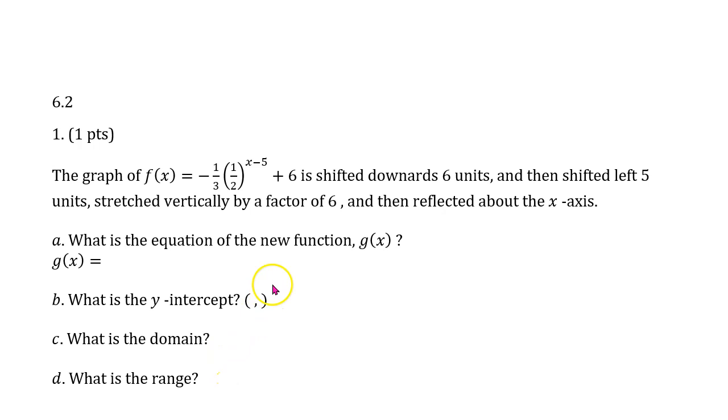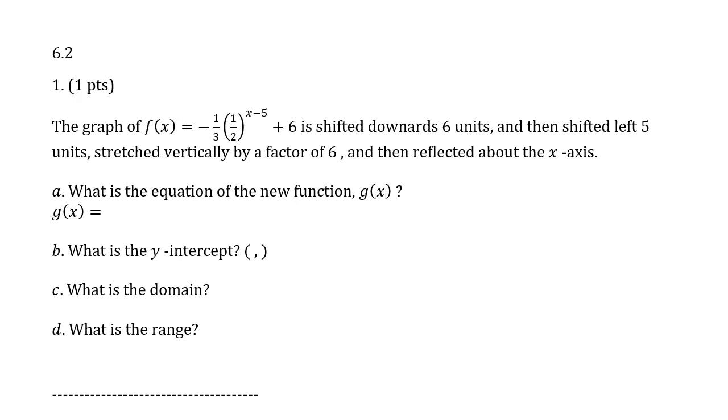Let's pick apart each piece first of all. The first thing that we need to think about is how it is being shifted. Since in our particular problem, it's shifted down 6 units, that refers to something happening outside or after the power is being done.